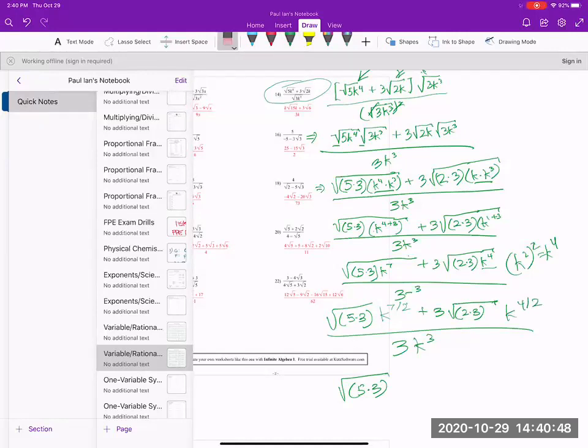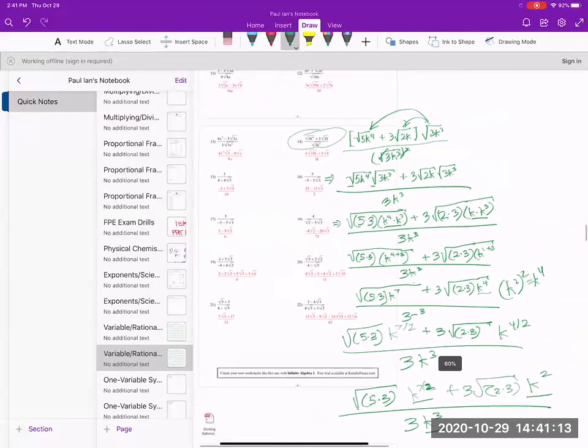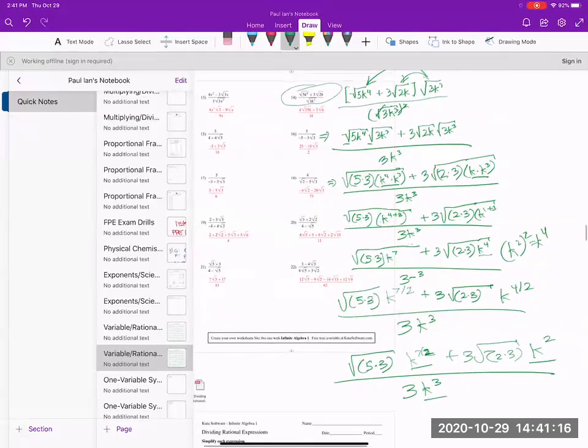That seems easier to look at. k 7/2, 3 root 2 times 3 k squared, divided by 3k to the cube. And let's see, can we get a k cube out of both of these guys? Let me see if we can. Oh no, you can't get that.